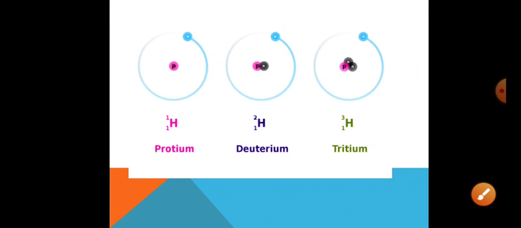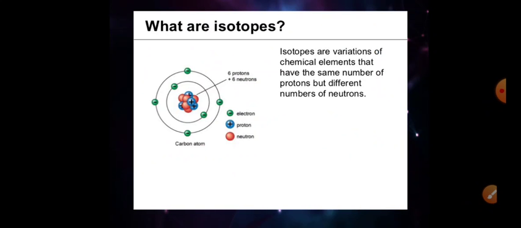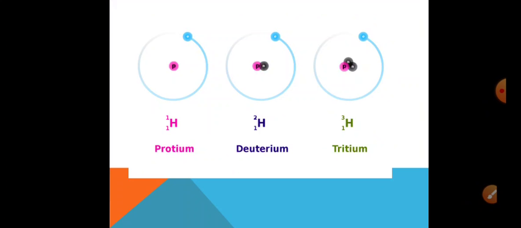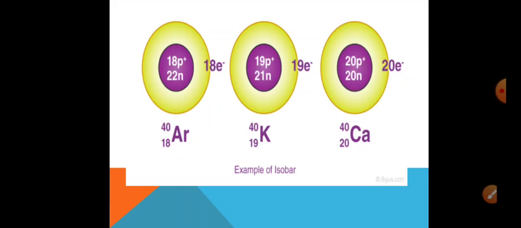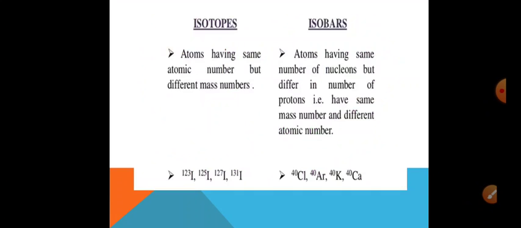Once again I will repeat, what are isotopes? Isotopes means same atomic number, different mass number. What are isobars? Same mass number but different atomic number. So what is the difference between isotopes and isobars? Isotopes are atoms having the same atomic number but different mass numbers.